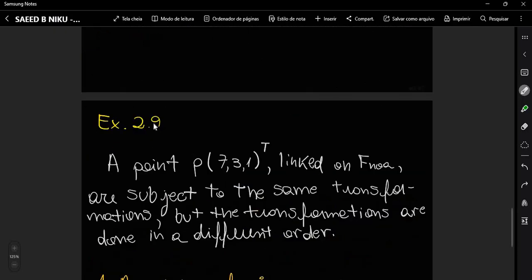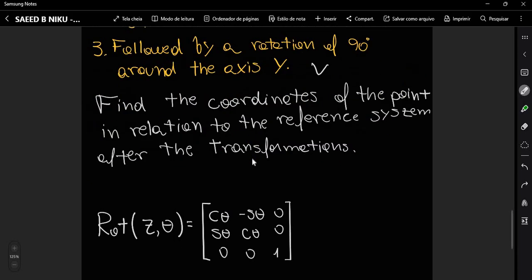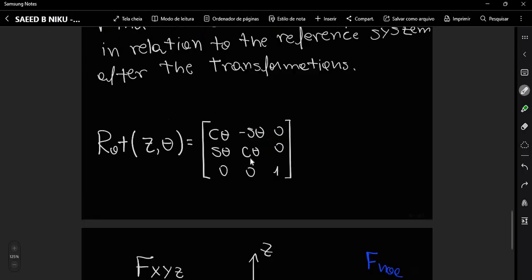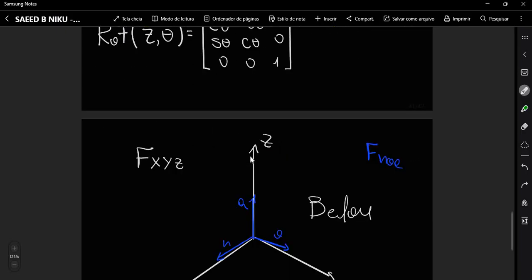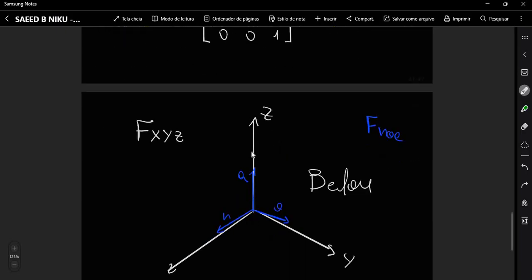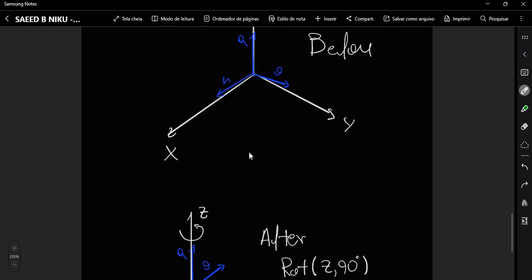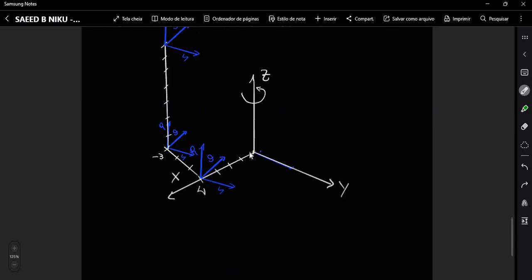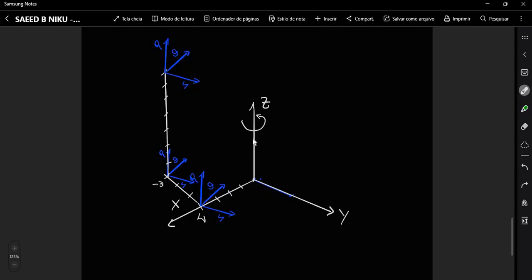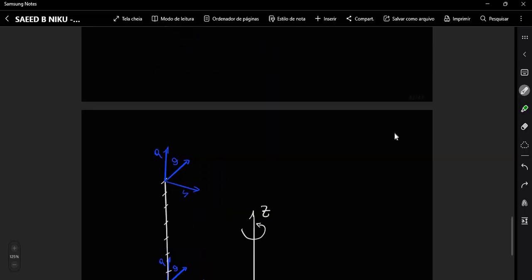So this example 2.9 complements the example 2.8, and it gives us a sense of what a transformation can do on a rigid body on a point. And now applying that after the second transformation.